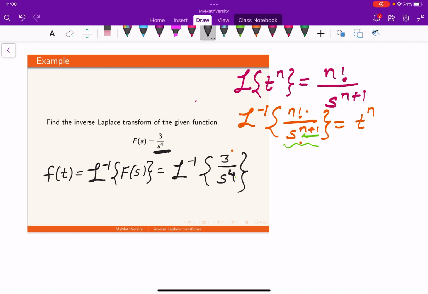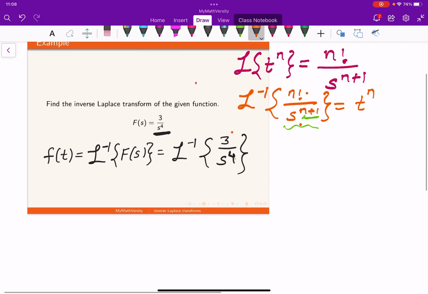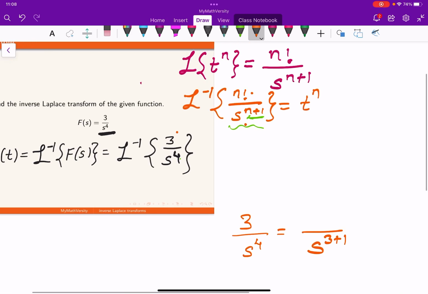So if that is the case, let's view our function, this 3 over s to the power 4, this way. At the bottom, we can view this as s to the power 3 plus 1, right? If I want to use this formula, it would be nice if I had n factorial at the top.